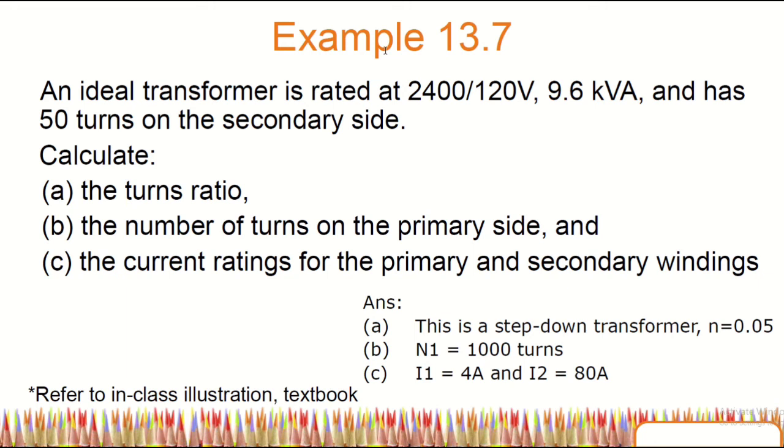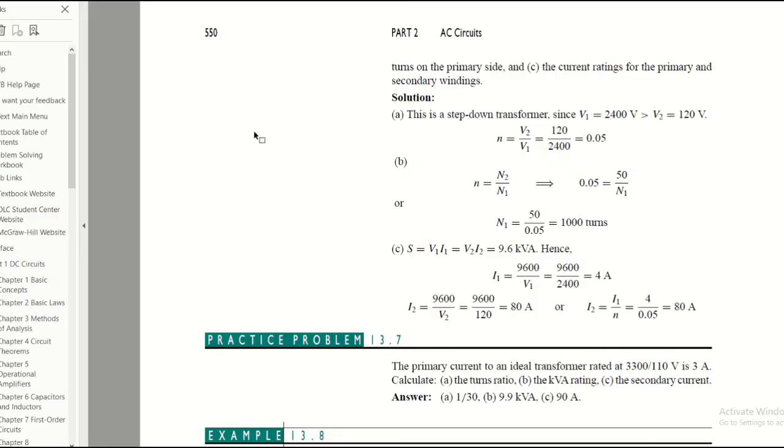So we need to find the turn ratio, the number of turns of the primary side, primary coil, and lastly the current rating for the primary and secondary winding. Okay, so for this, this is the answer for the question.